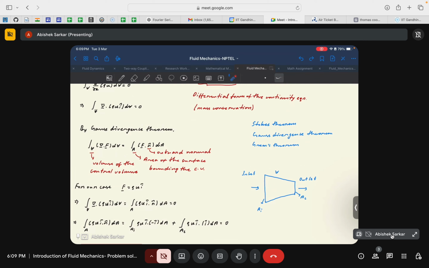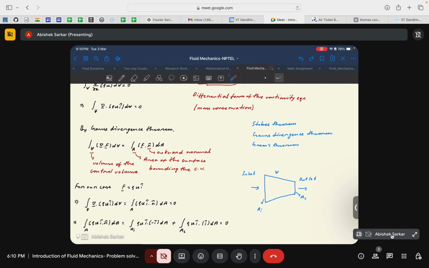So here we have discussed the Gauss divergence theorem. Similarly, I am not sure whether we will discuss it or not, but we will also see that Stokes theorem turns out to be quite useful while discussing fluid kinematics problems. Stokes theorem converts a line integral to a surface integral. The specialized version of the Stokes theorem is Green's theorem.